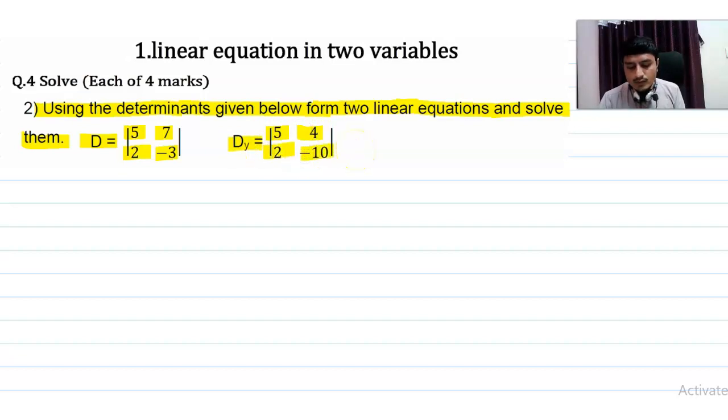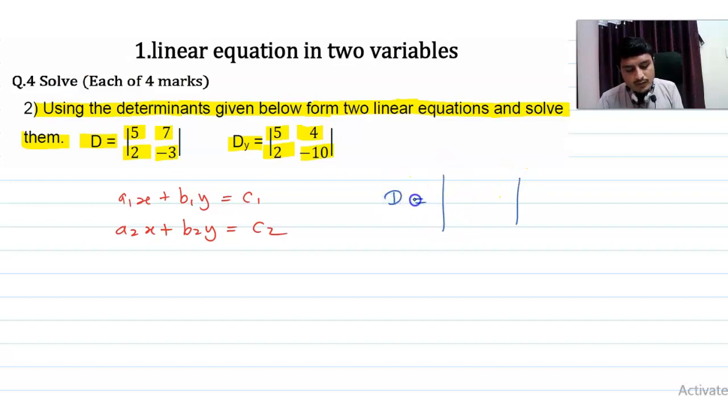Once we have equations of the form a1x plus b1y equals c1, and a2x plus b2y equals c2, then for the value of D, we take the coefficients of x and y from the first and the second equation: a1, b1 are the coefficients of x and y from equation 1, and a2, b2 are the coefficients of x and y from equation 2, so that the second row of D has a2, b2.